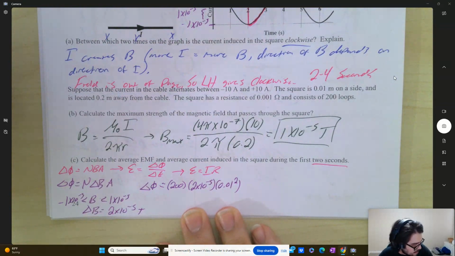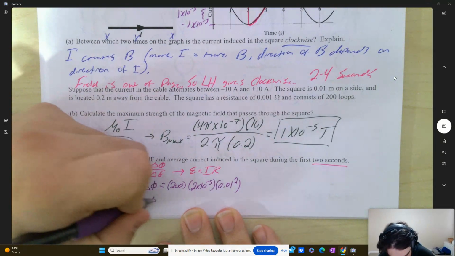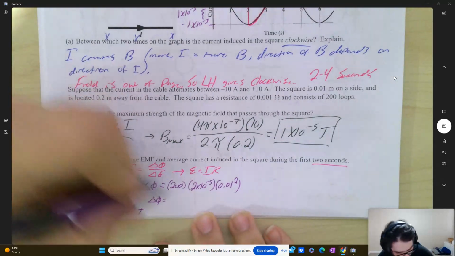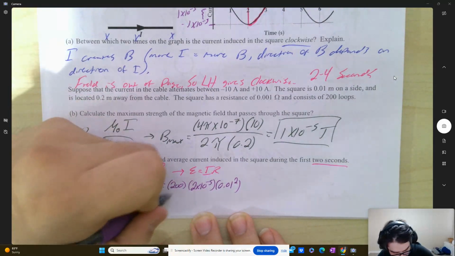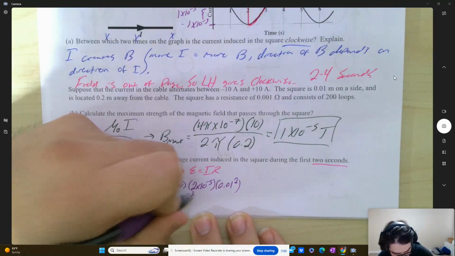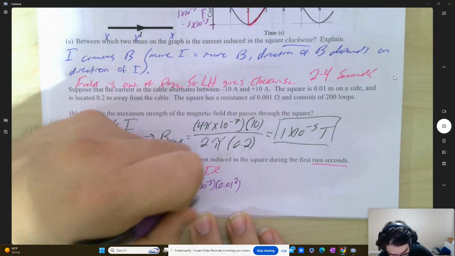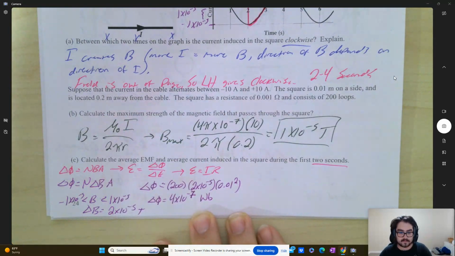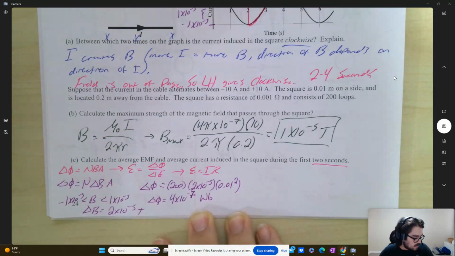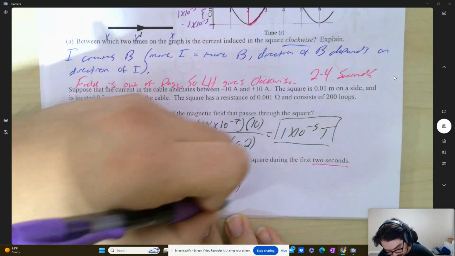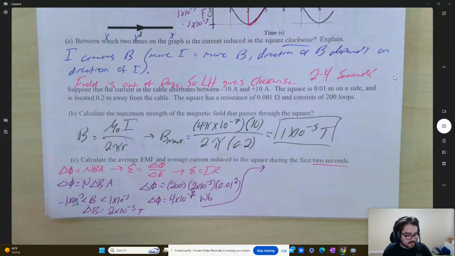And you should end up getting that your delta flux is equal to, I got, 4 times 10 to the negative 7, and that's in Webers. And this, then, we can plug into the next part of our solution.